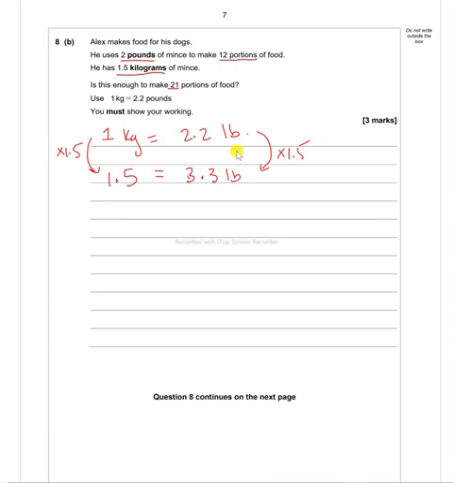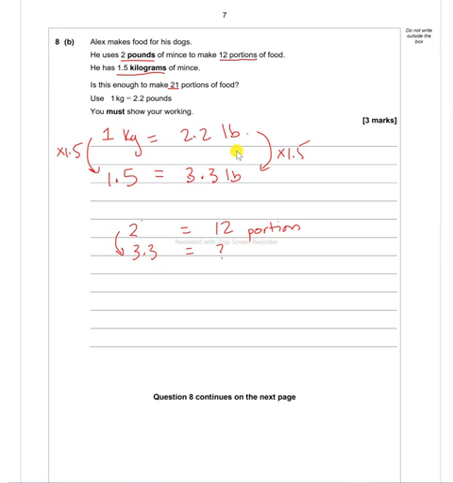And he said 2 pounds make 12 portions. So look, 2 pounds equals 12 portions. I've said one thing and I've done something else. Let's go back to that. So 3.3 will equal how many? Let's do it this way actually, this is more logical.